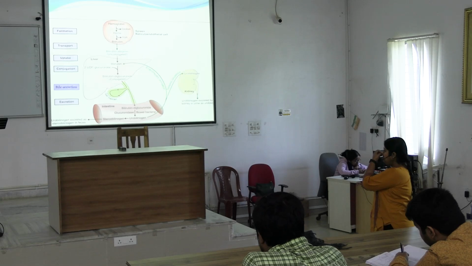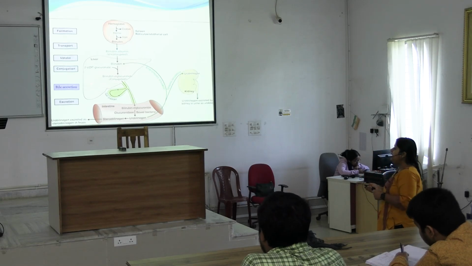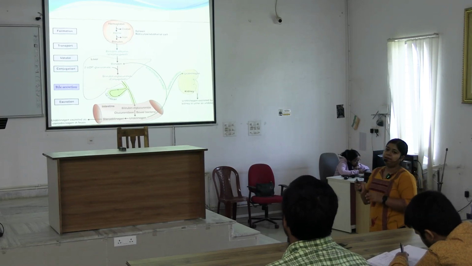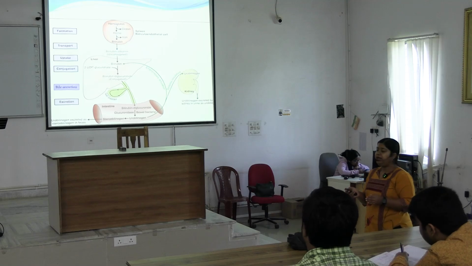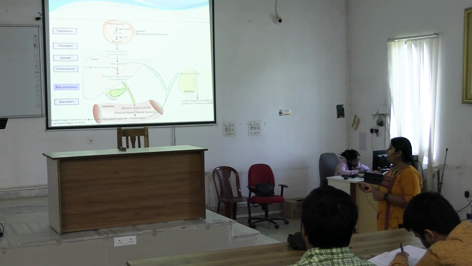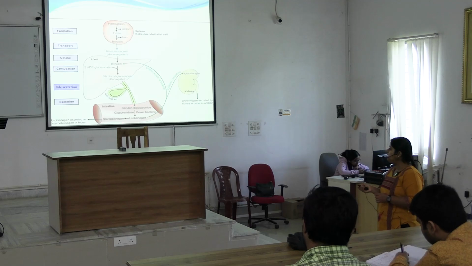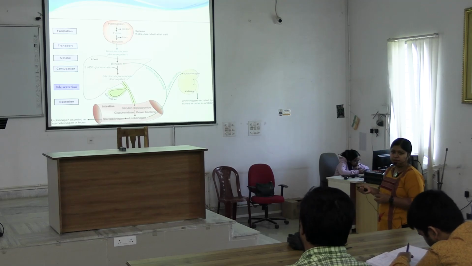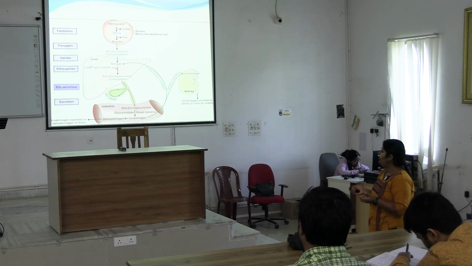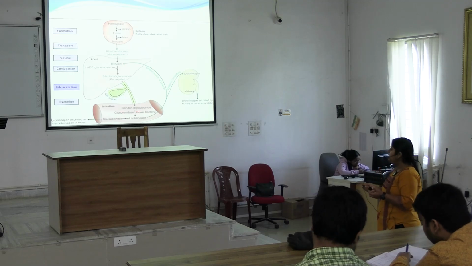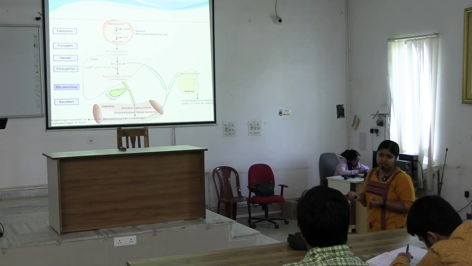This conjugated bilirubin is then secreted into the bile ducts, and the bile ducts carry it to the gallbladder or directly to the intestine. Now what happens in the intestine? Conjugated bilirubin, bilirubin diglucuronide, comes into the intestine with the bile salts, and gut bacteria are there.